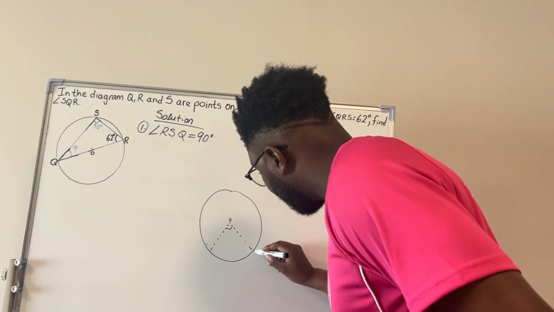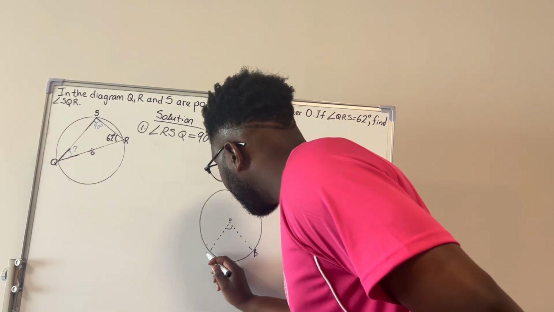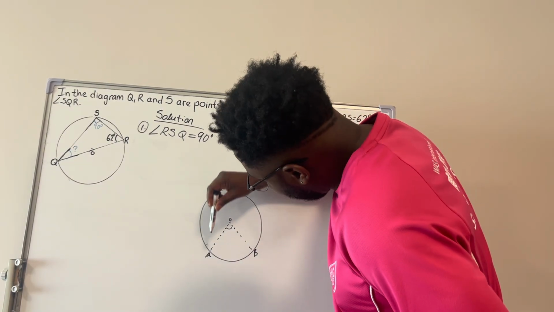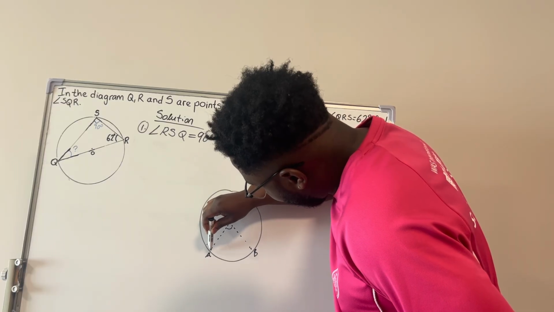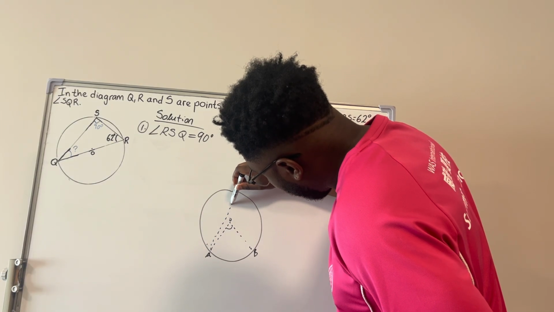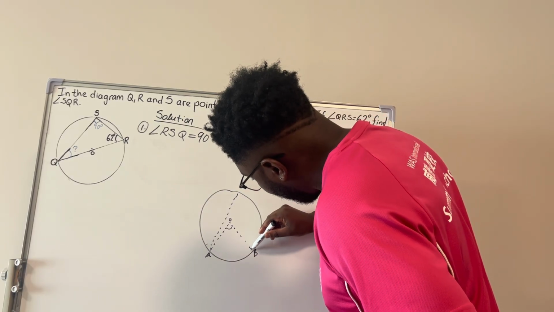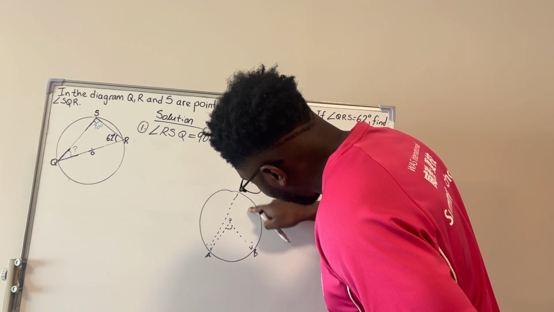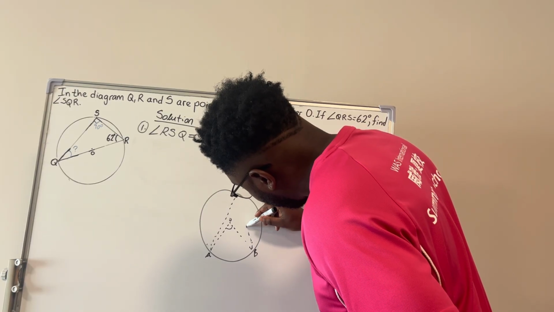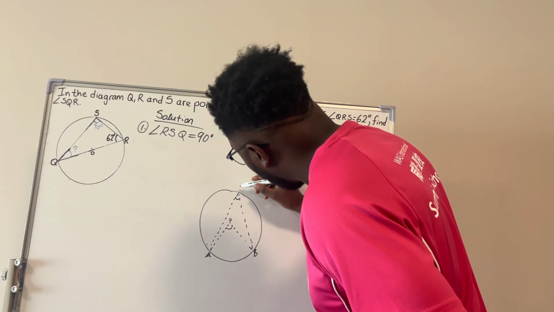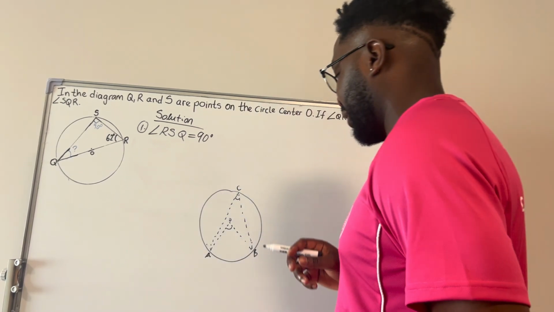Allow me to label this part as B and this part as A. And then using this same arc, we'll have another angle at the circumference right there. Allow me to label that as angle C.